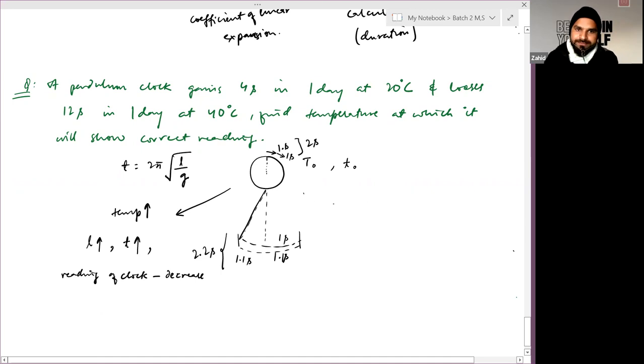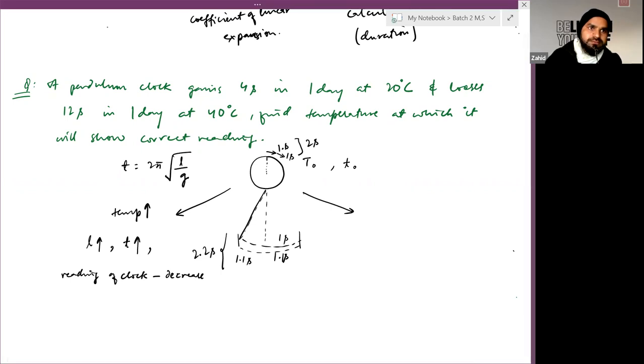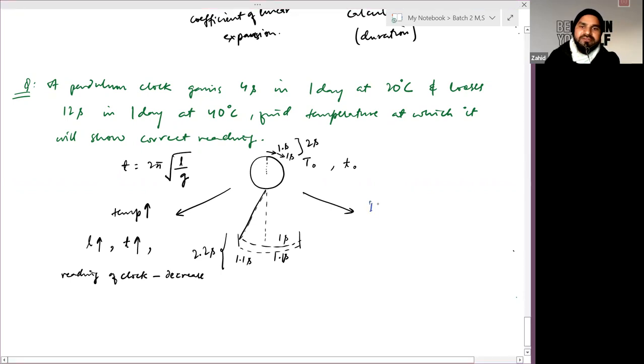Similarly, in next part, if temperature of surrounding is decreased, length will contract, so length will decrease. Correspondingly, time period of simple pendulum will also decrease. It means initially it was taking 1 second to go from one end to the other end. Now, due to decrease in length, let's say it would take 0.9 second to go from one end to other end.